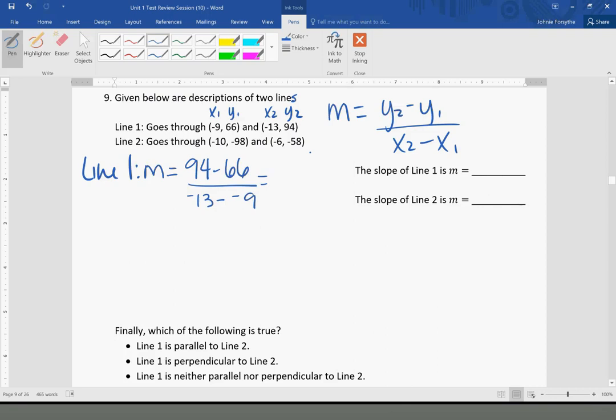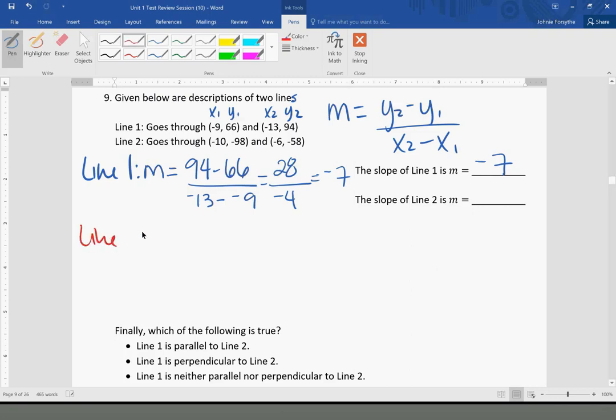So 94 minus 66 is 28, divided by negative 13 minus negative 9, which is going to equal negative 4. And 28 divided by negative 4 is negative 7. So the slope of line 1 is negative 7.